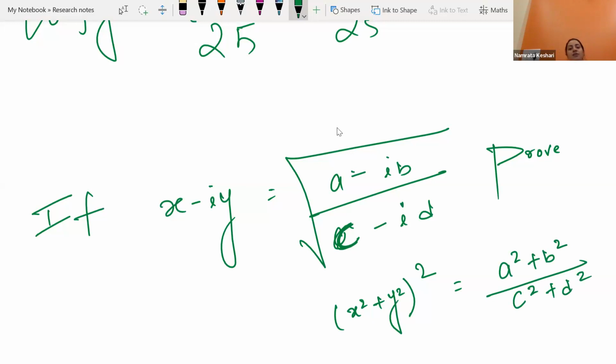If x minus iy is this, then prove that this is equal to that. Okay?